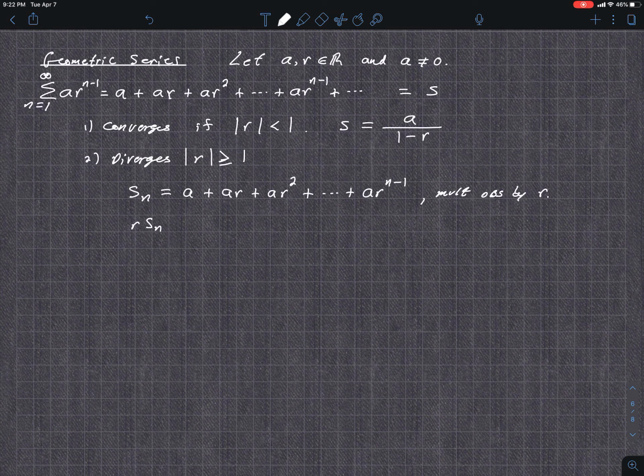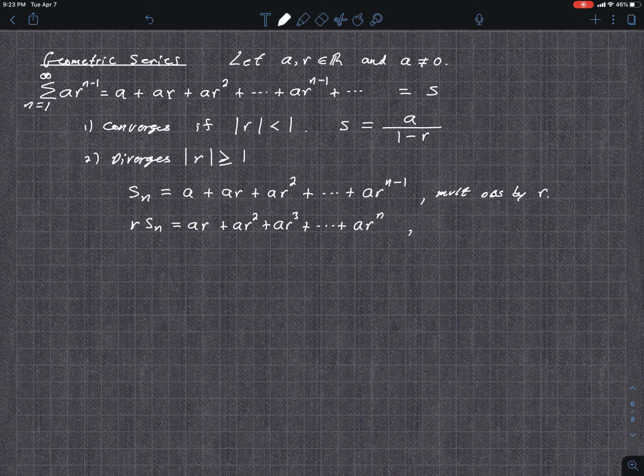So what you would get then is r S sub n equals ar plus ar squared plus ar cubed, etc., plus ar to the n.